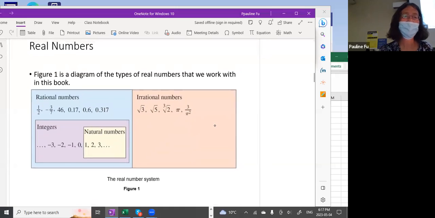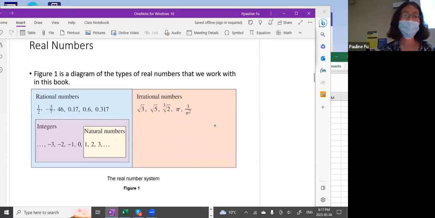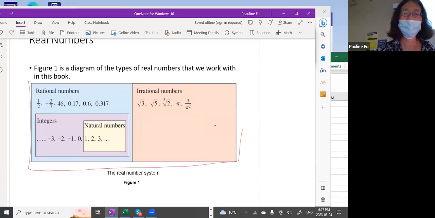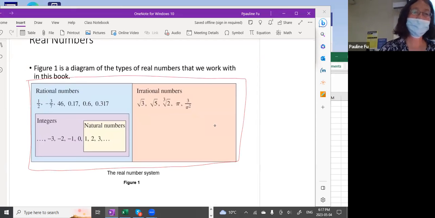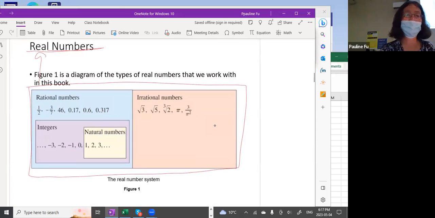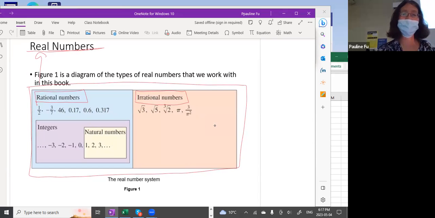And this is the diagram showing the relationship between real, rational, and irrational numbers. The whole box here is the real numbers. In real numbers, you have 2 categories: rational numbers and irrational numbers.